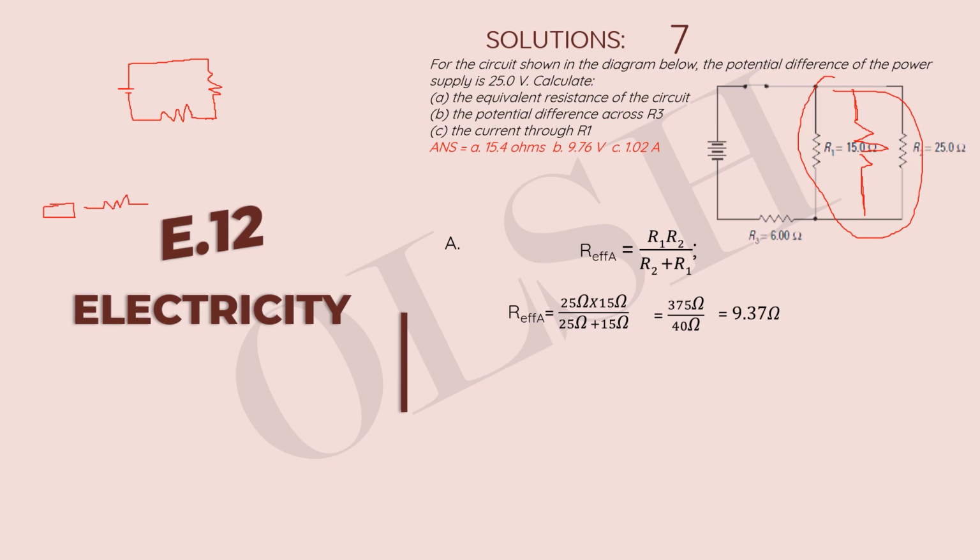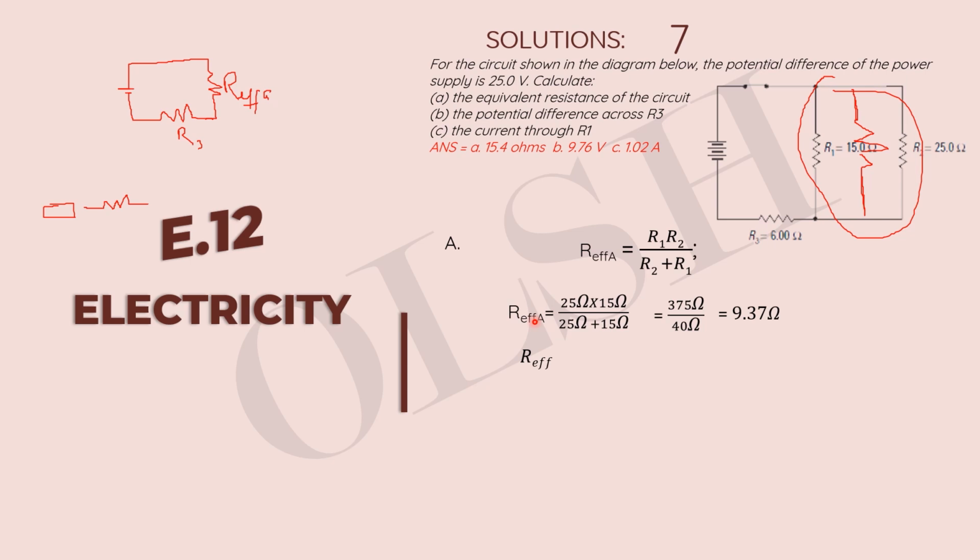So don't get confused when you see this referred to as a resistor. So this is R3 as we have it, and this is our R effective for A, right? So we have reduced this whole network of the circuit to this.